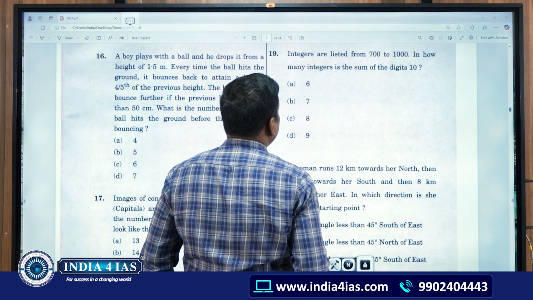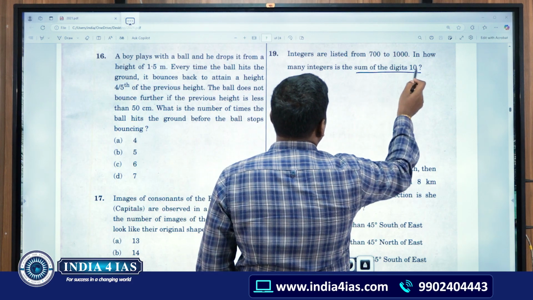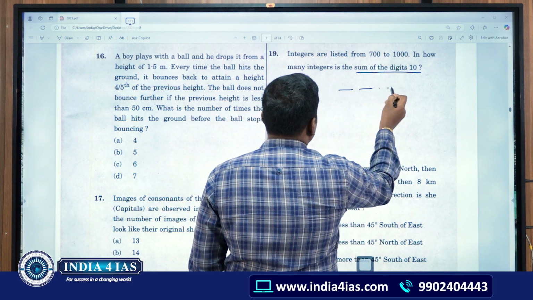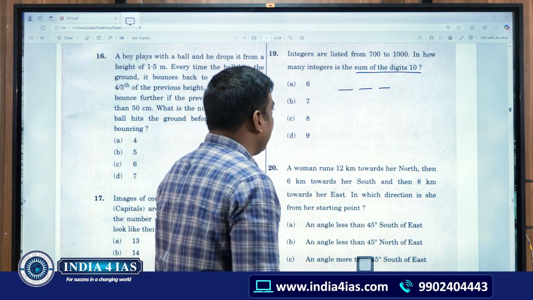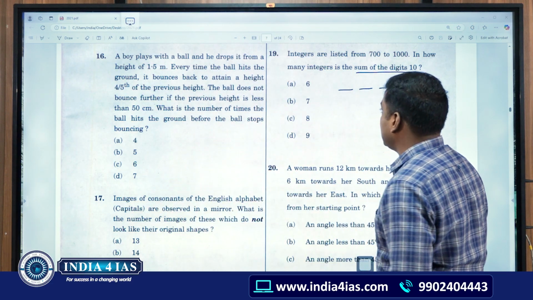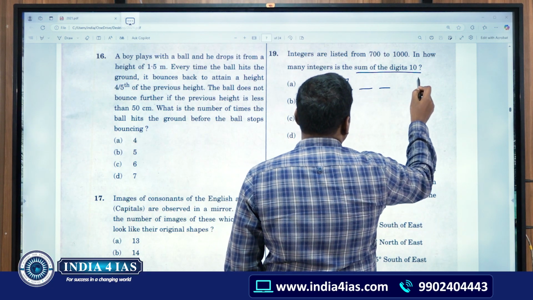Now, integers are listed from 700 to 1000. In how many integers is the sum of the digits 10? So there are 3-digit numbers from 700 to 1000. I'll deal with the 1000 later. So I'll have to start with 7 and my sum has to be 10.